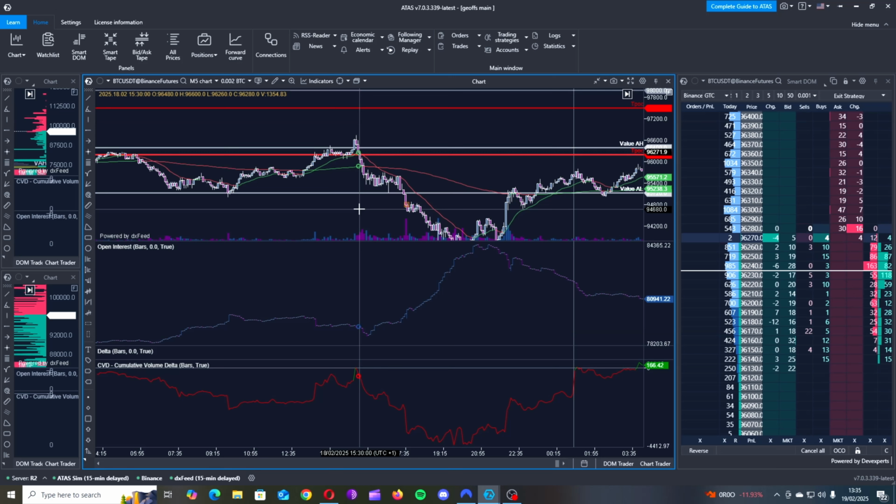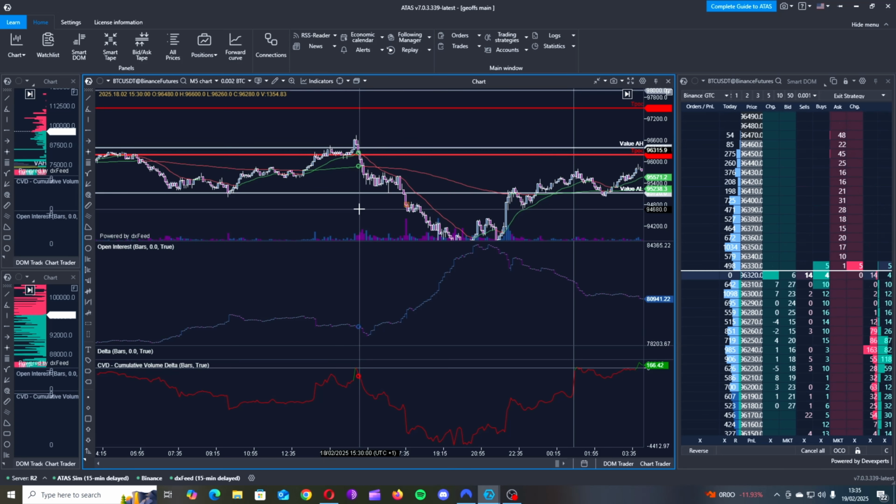Okay? If it's decreasing, shorts are opening. So that's just the basic information of CVD. Open interest, if it's increasing over time, more people are opening new positions, and if it's dropping over time, people are closing positions. Either they're taking profits, or they're getting stopped out, or they're getting liquidated. So that's the difference between them both.